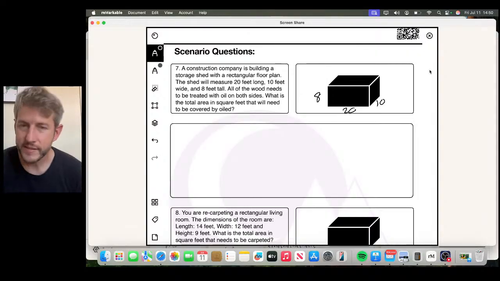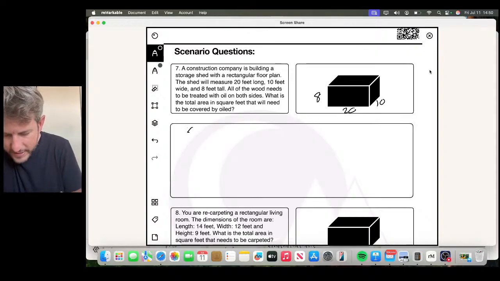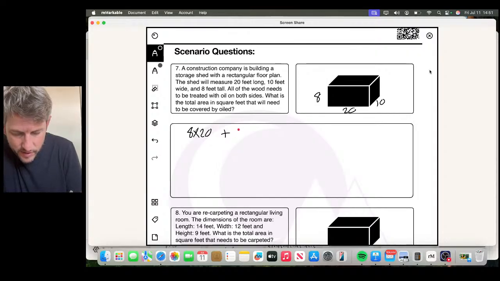So let's sort this bit out here. What we've got here is 8 times 20. And then I'll do my first method here. 8 times 20, and then we've got 8 times 10, and then plus 20 times 10.